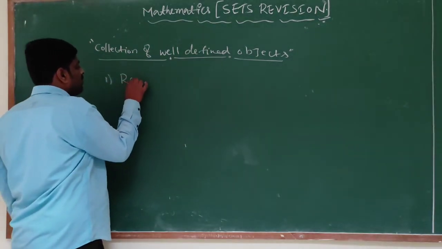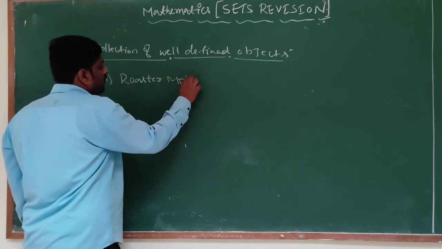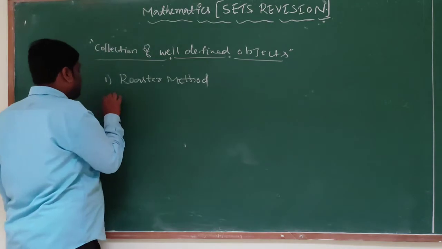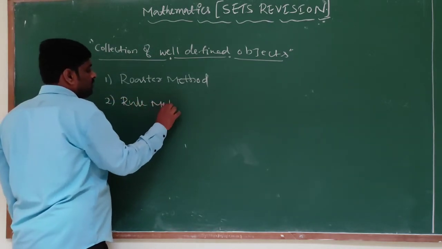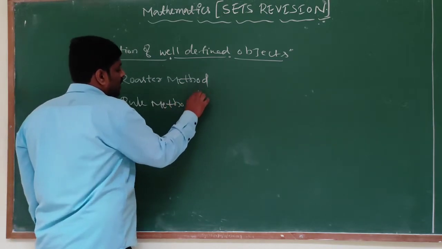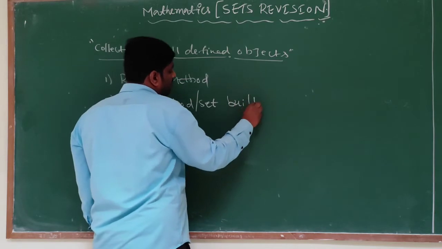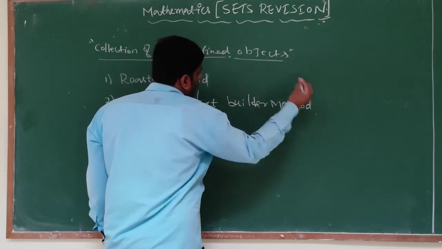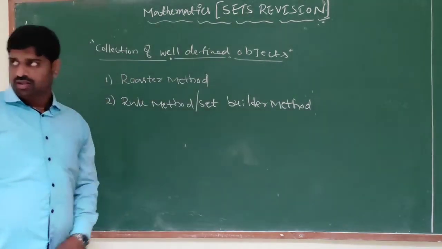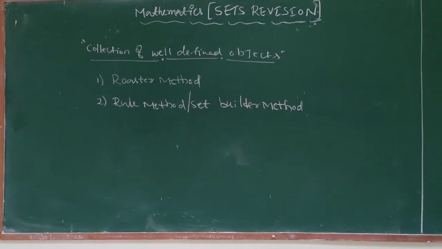One is roster method, another one is rule method or set builder method.